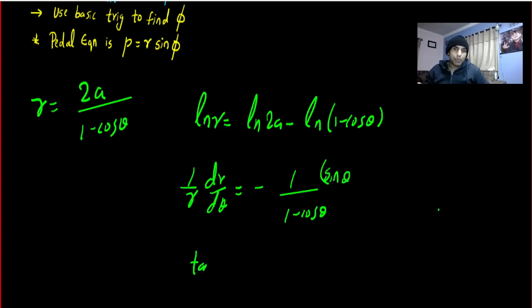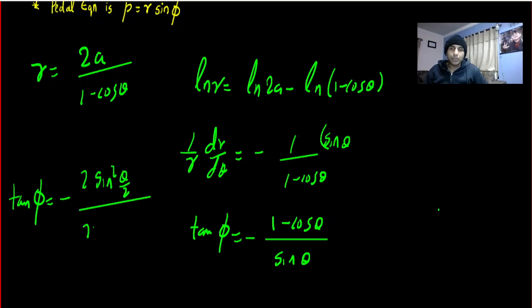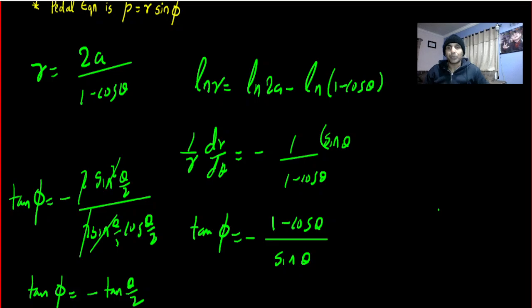Now taking reciprocal, we get tan phi is equal to 1 minus cos theta by sin theta with a negative. And that gives me tan phi is equal to minus 2 sin square theta by 2 by 2 sin theta by 2 cos theta by 2. So the answer will be tan phi is equal to minus tan theta by 2.